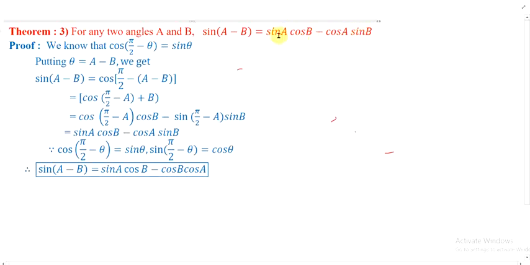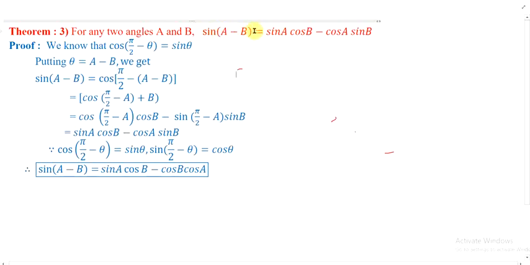But here we have mixed terminology: sin cos cos sin. Do not change this order, because if the thetas are positive, it doesn't matter, the value does not get affected. But if thetas are negative, then values get affected. So don't change this order.